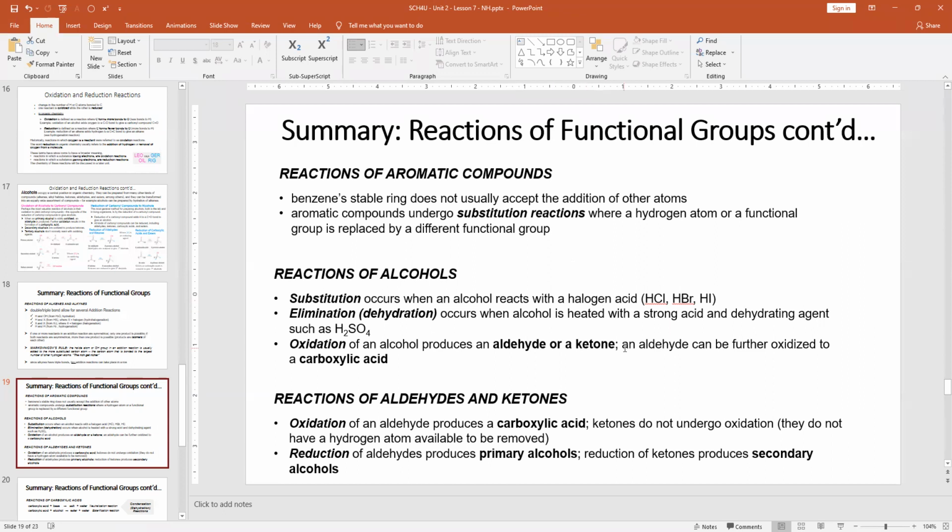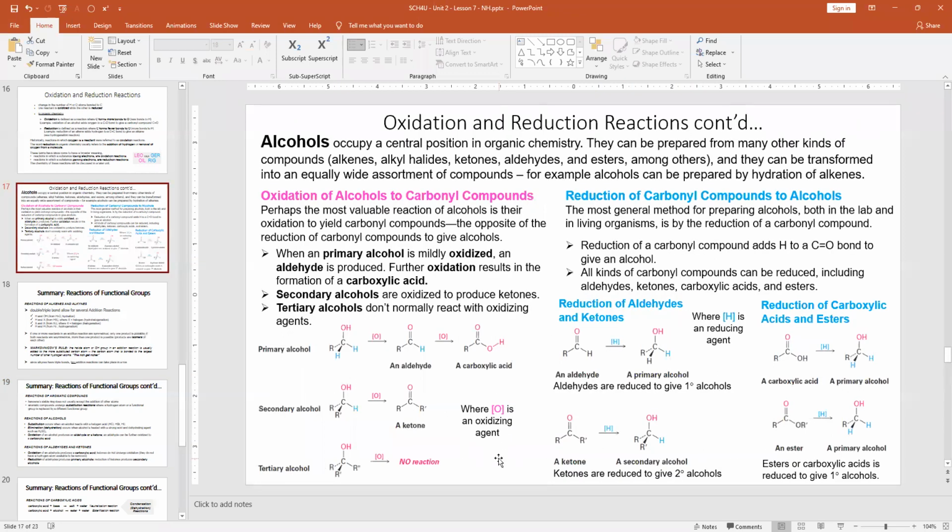And then the reduction of aldehydes gives rise to primary alcohols, and the reduction of ketones produces secondary alcohols. You can review those concepts on this oxidation reduction slide, and the one before that too, but mostly here you can see those reactions in detail.